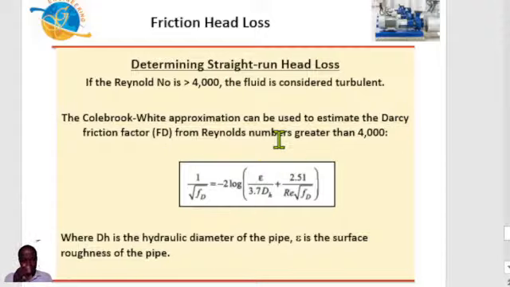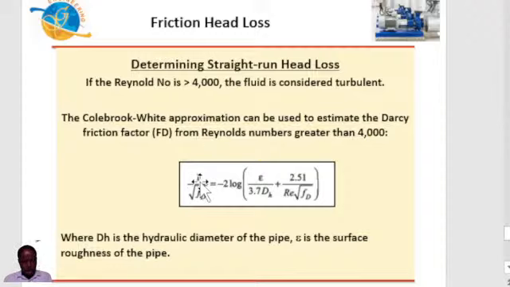So the Colebrook-White approximation will be used to estimate the Darcy friction factor for a turbulent flow, that is, with a Reynolds number greater than 4000. This gives your friction factor, which is then put into the Darcy-Weisbach equation to get your straight run head loss.